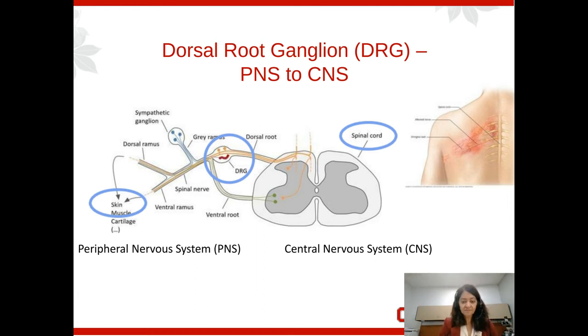In this pictorial, I wanted to show the dorsal root ganglion, which is the latency site, where we know the virus likes to stay latent. In both immune compromised and immune competent individuals, there can be reactivation at some point in one's life.